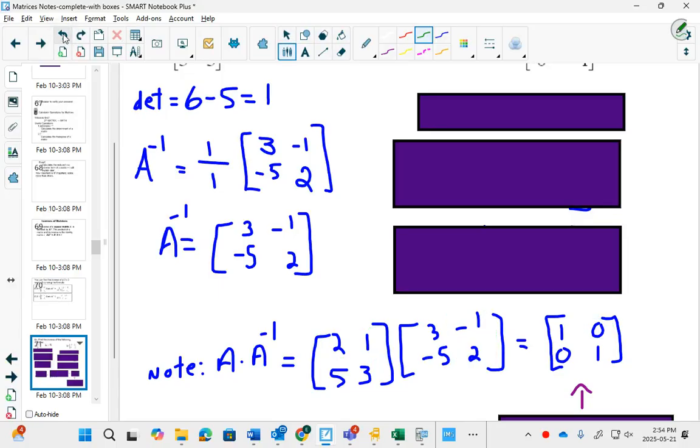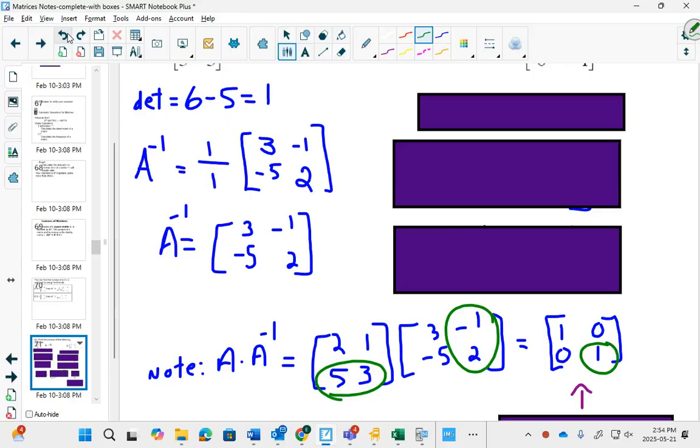To find this one, it's in row 2, column 1. Take a 5, 3, crash it into 3 and the negative 5, I get 15 and negative 15. That'll give me 0. And finally, if I want to find this one, which is in row 2 and column 2, 5 times the negative 1 will be negative 5, 3 times the 2 will be 6, add them together, I get 1.